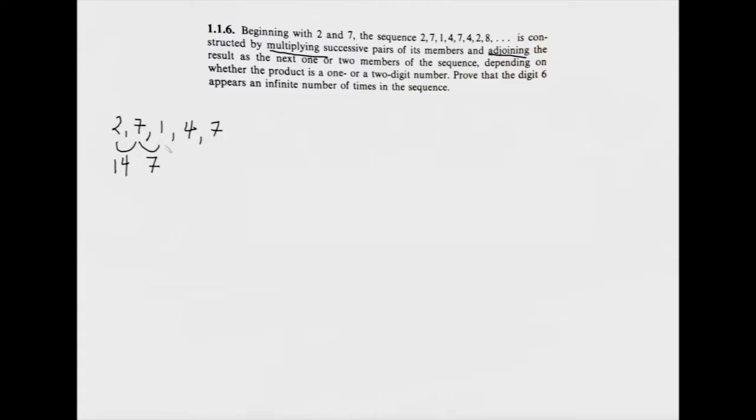Tack it on the end. 1 times 4 is 4. Attach that to the end. 4 and 7 is 28. Attach that on the end. And if you'll notice here, this is the same sequence of numbers that they've given us in the problem, so we have some sense that we're doing this correctly.